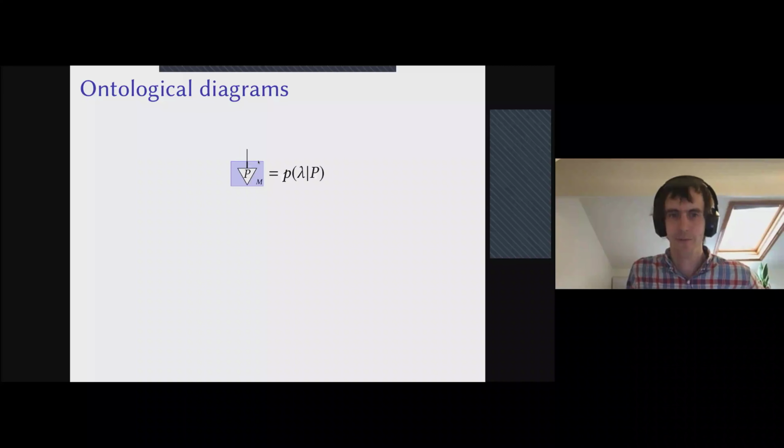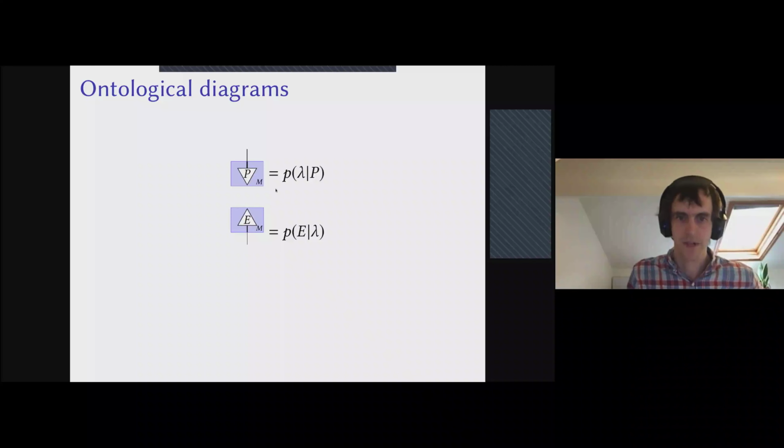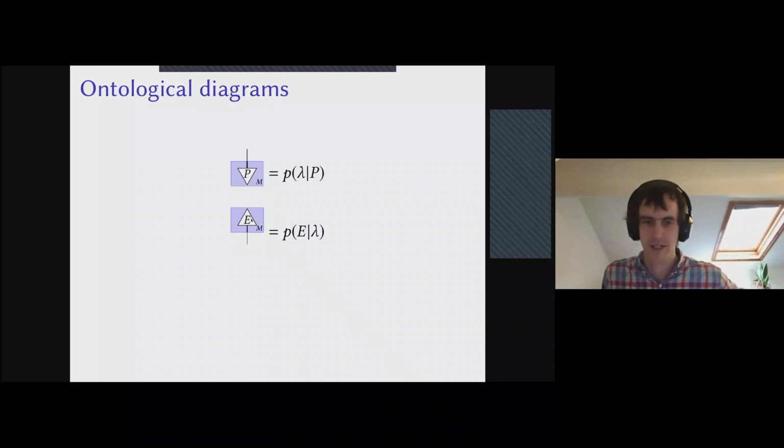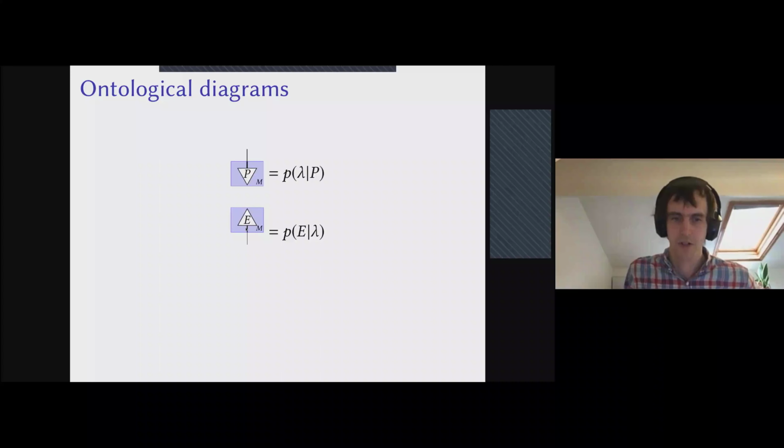So this probability is only allowed to depend on the operational equivalence classes of the preparations, because that's what these pictures represent. We can do the same thing for measurements. If I draw a blue box around the measurement, then I'm asking what's the probability of that measurement outcome given whatever ontic state is coming in here.